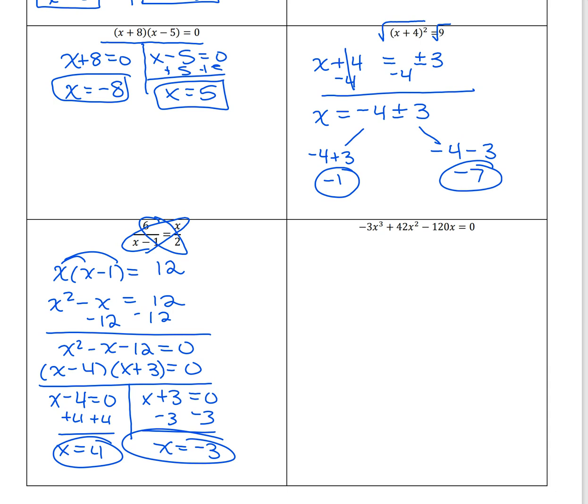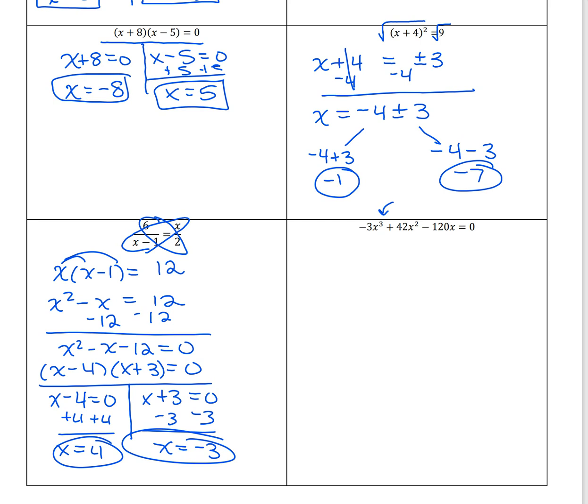And lastly, I have this one right here, negative 3x to the third power plus 42x squared minus 120x. For here, you'll notice that my degree of the polynomial is a 3, making this no longer a quadratic, but a cubic. Now, in order to factor cubics, you're going to have to pull out a GCF to force it to become a quadratic so that you could apply either AC, GCF, or dots to it.